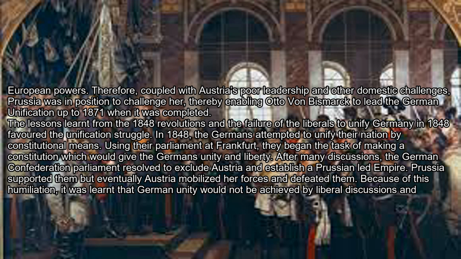The lessons learnt from the 1848 revolutions and the failure of the liberals to unify Germany in 1848 favoured the unification struggle. In 1848, the Germans attempted to unify their nation by constitutional means. Using their parliament at Frankfurt, they began the task of making a constitution which would give the Germans unity and liberty. After many discussions, the German Confederation Parliament resolved to exclude Austria and establish a Prussian-led empire.